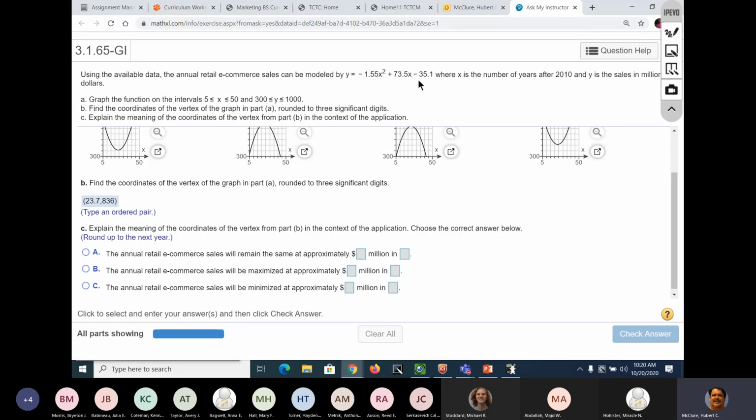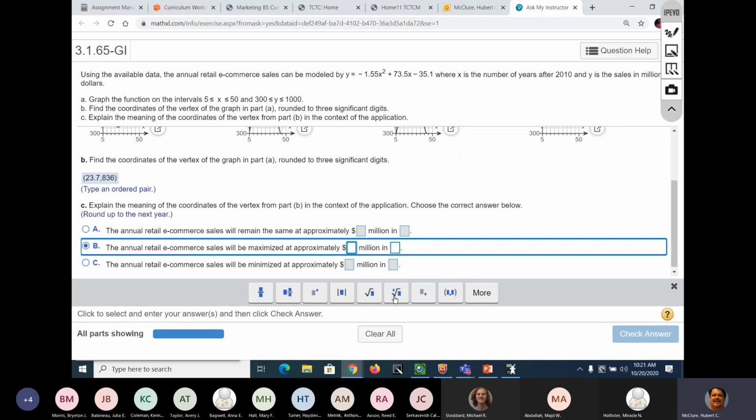I guess, yeah, million. So what I say in 2034, well, I'd say maximized right here, 836 million in 2034.